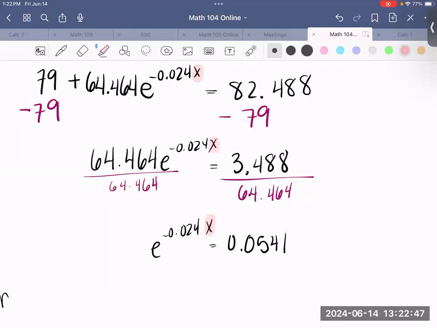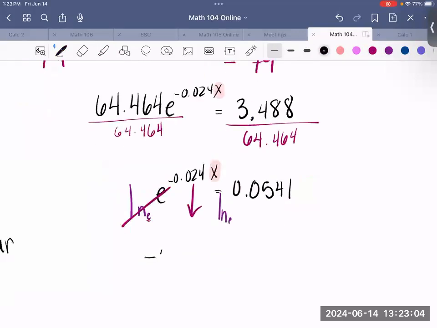Well, to get rid of e, we can either swoop or take the ln of both sides. I'm a huge fan of writing ln on both sides to show that they cancel, right? We have that hidden e that cancels and allows this to drop. So you have negative 0.024x is equal to the natural log of this value.